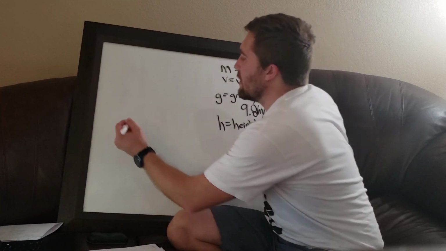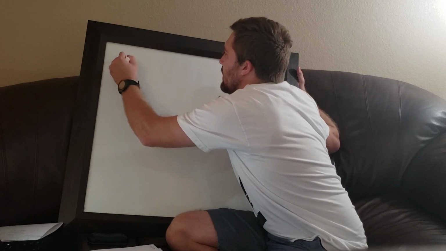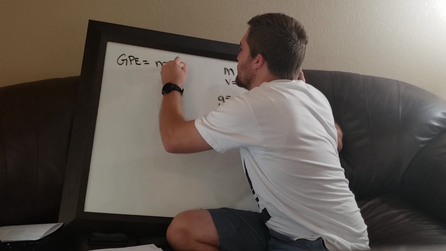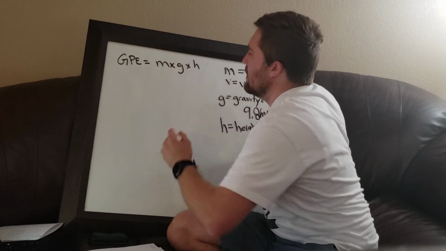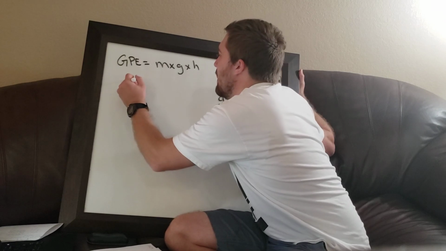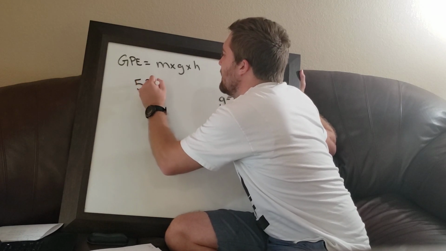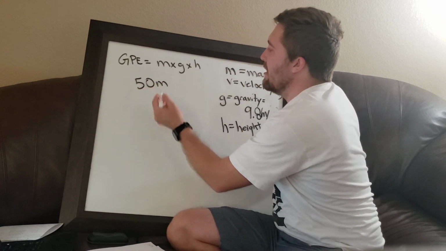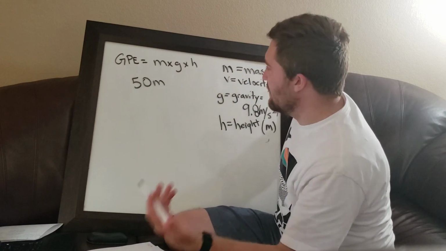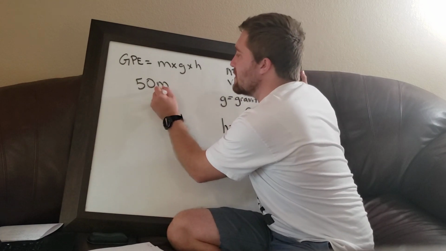So let's say we're talking about gravitational potential energy, right? We have the formula again up here: mass times gravity times height. If the question is saying he was at 50 meters high, it'll show 50 M in the air, right? Do not get confused with this.